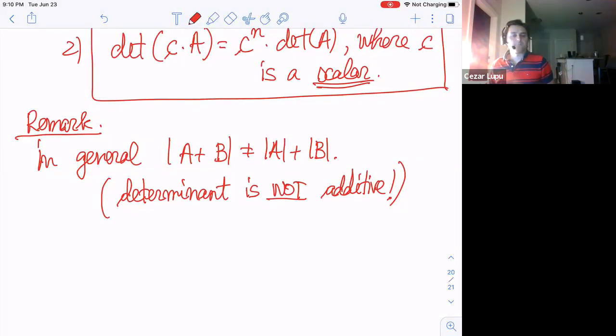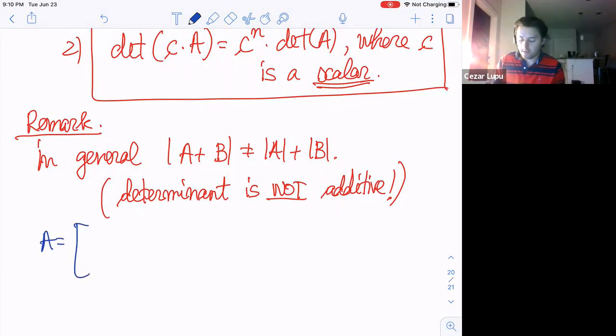Okay, and you can take the example from the notes. If you want to convince yourself, just take this example from the notes. Consider two matrices.